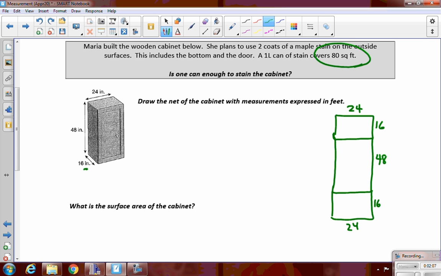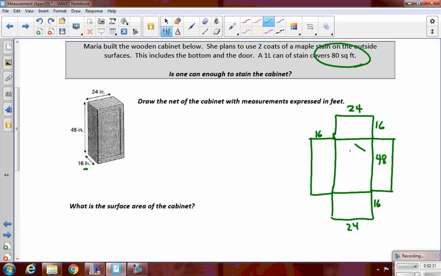So I can do the sides of this cabinet, which are still 48 long, but they're only 16 wide. So this covers the sides of the cabinets, the 16 by 48. So now if I look, if I was to fold this all together, I wouldn't have a back to it. So I need the back somewhere that would fold.